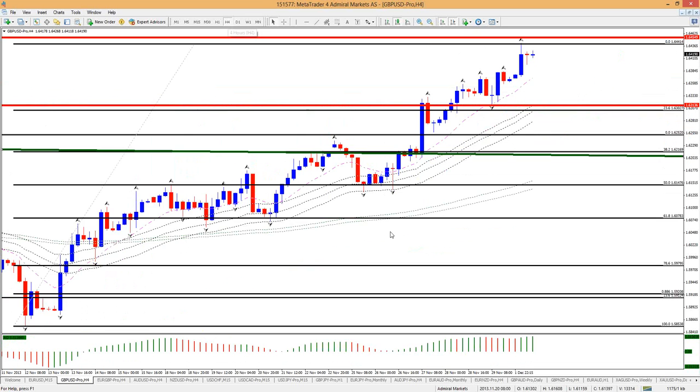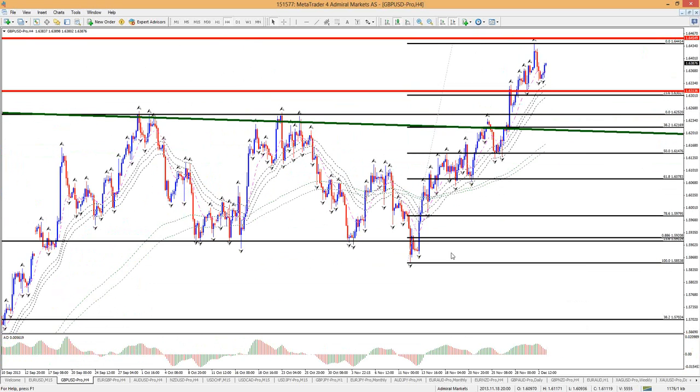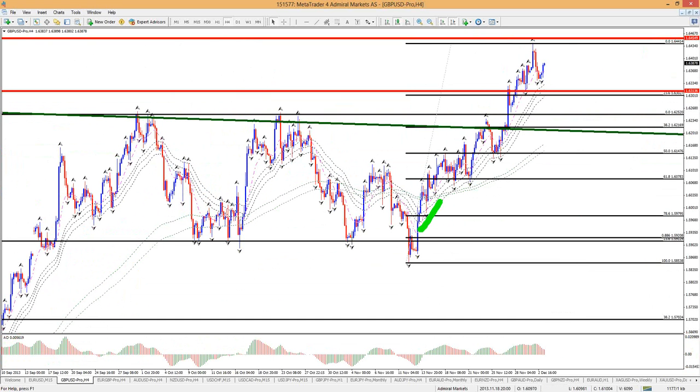We then go to the 4-hour. You can see the breakout here so far on the 4-hour chart. Price well above our moving averages.